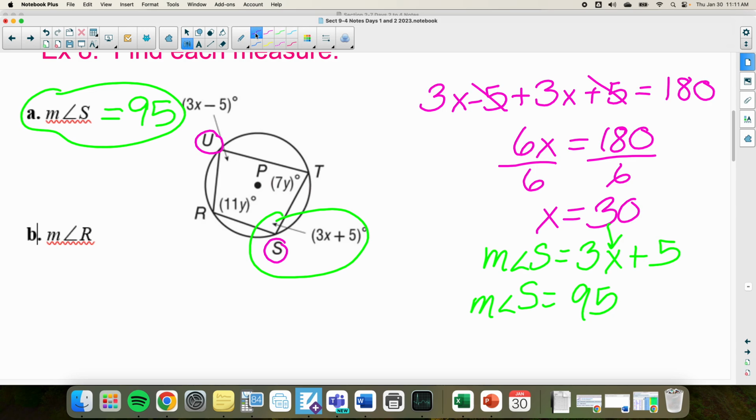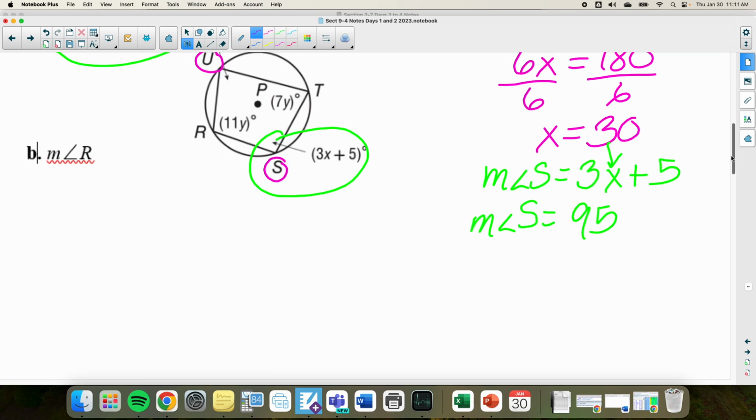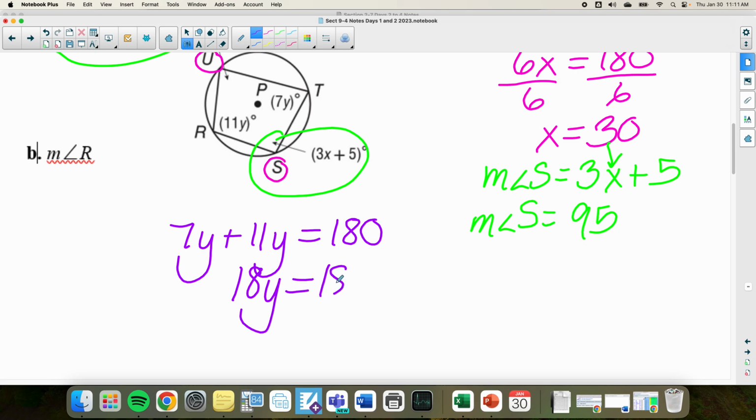Then what I'm going to do is I'm going to do that same exact thing with these two. They're across from each other, so they add up to 180. 7y plus 11y is 18y. Then we divide by 18, and y is 10, okay?